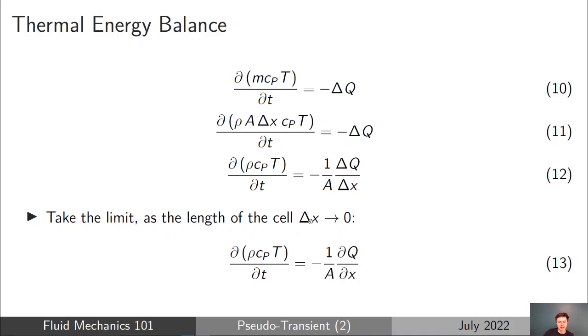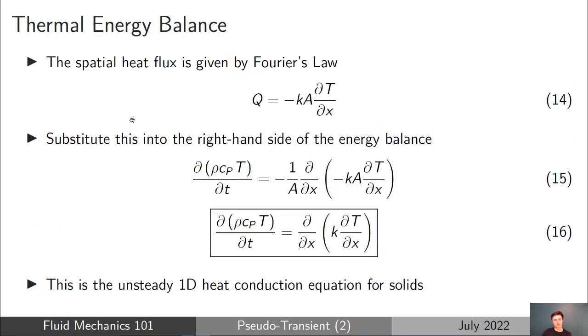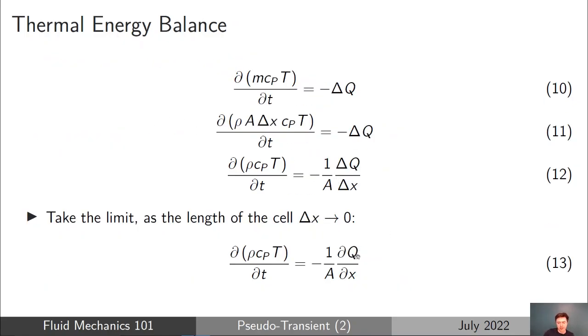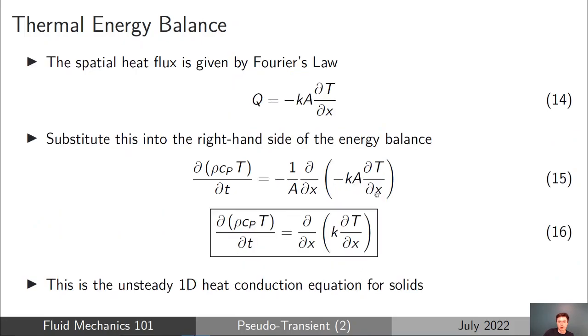If we take the limit as the length of that bar cell tends to 0, then we can arrive at this form of the differential equation, equation 13. And the final stage in the derivation is to replace that thermal power, that Q, by Fourier's law, which of course we used before.